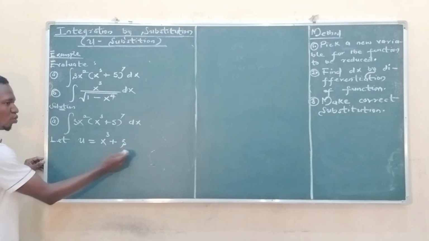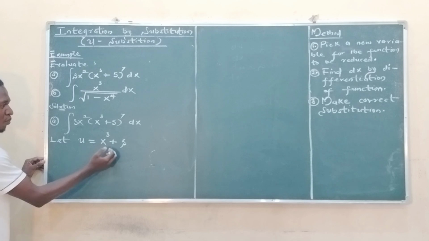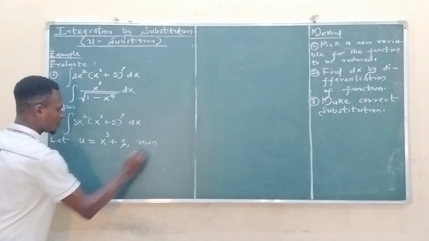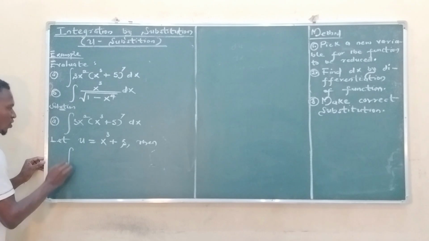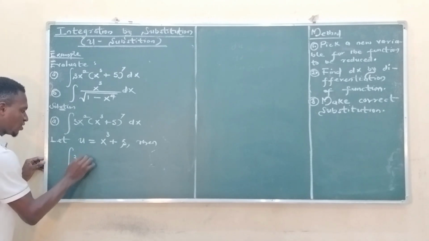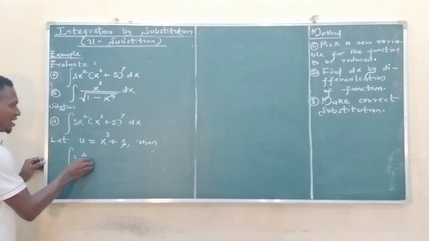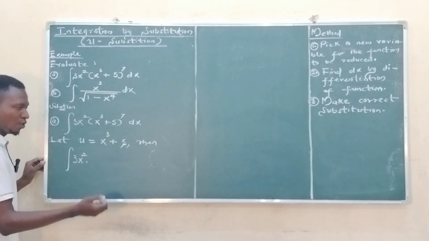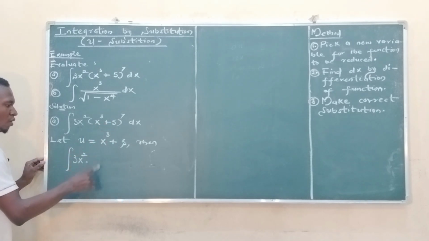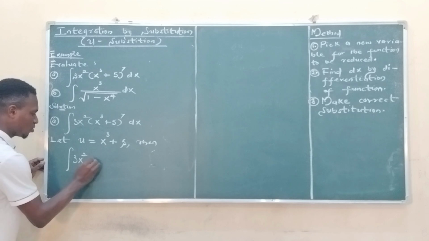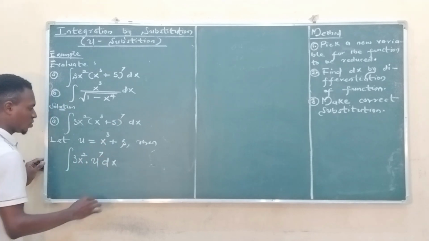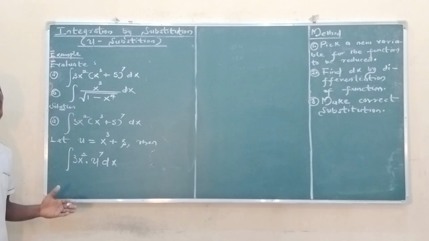So if this is what we have now, what becomes of the integral? It becomes the integral of 3x raised to the power of 2 times u raised to the power of 7 dx, where u replaces x raised to the power of 3 plus 5. Is it not simple?